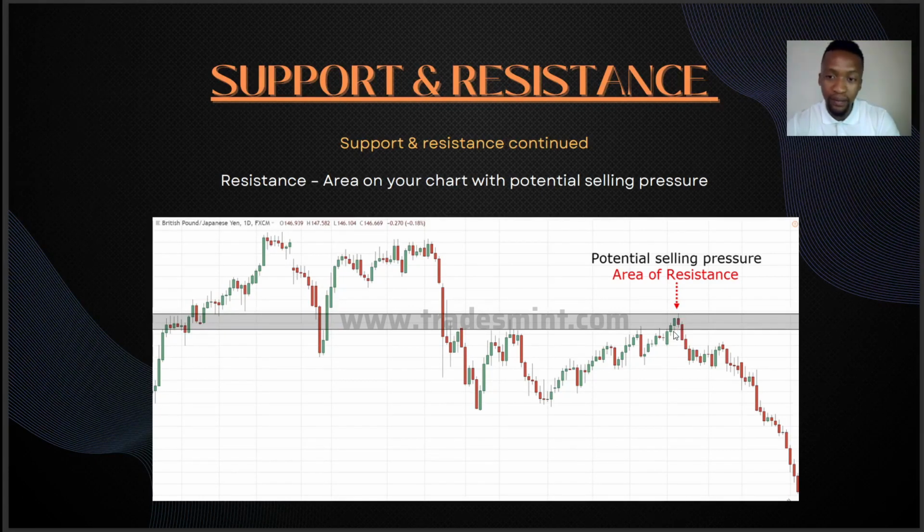So the minute it breaks above, this will now turn into our support, because it will then support price, and then we'll be looking for buying opportunities. However, for as long as price is still below our resistance, below our ceiling, we are still looking for selling opportunities. Simple, right? I know.